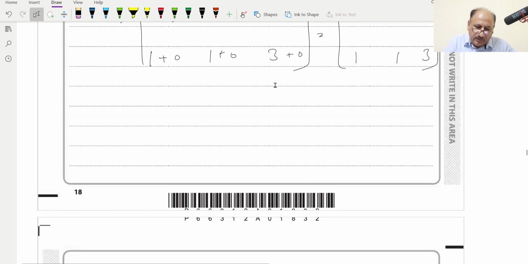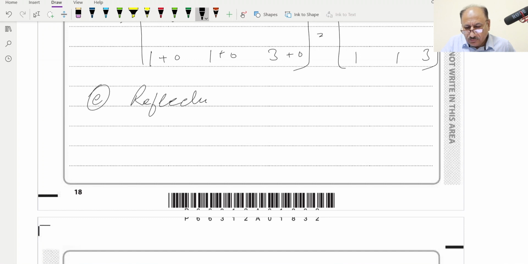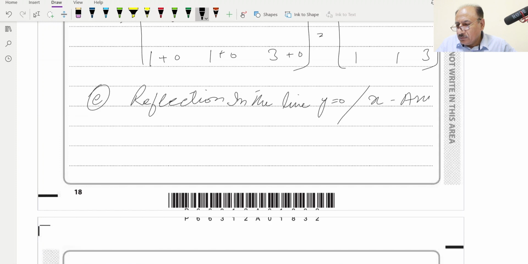So E part answer we can write over here, and this is a reflection in the line, reflection, which we have already basically discussed. The reflection in the line y is equal to 0. We can write y is equal to 0, or we can write x-axis. So this is the answer.